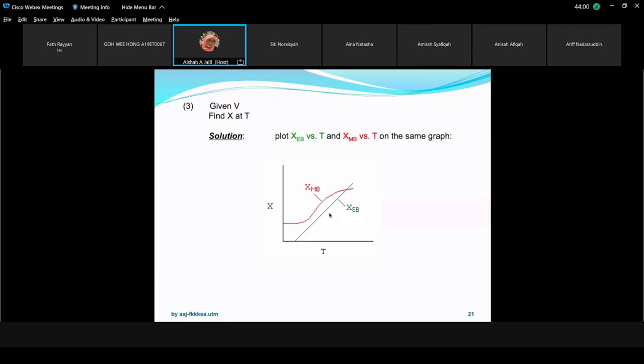You see the right hand side is same with the slide, type 3 question, where they want you to calculate for the X and T when the V is given.